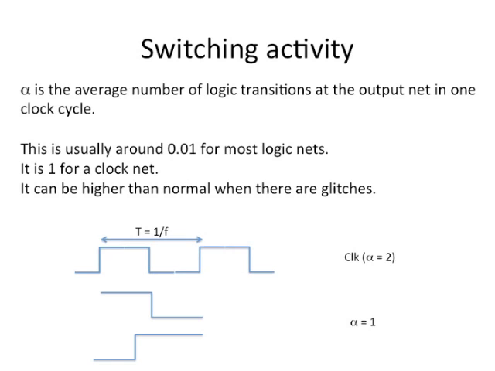Now you can also see from here that you could have the number of transitions bigger than 2. A clock has 2, but you can have a logic net which has more than 2 transitions in a clock cycle. There's nothing really preventing it. And the question is, is it desirable?